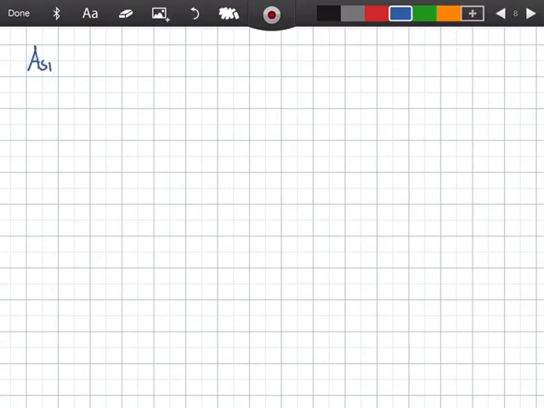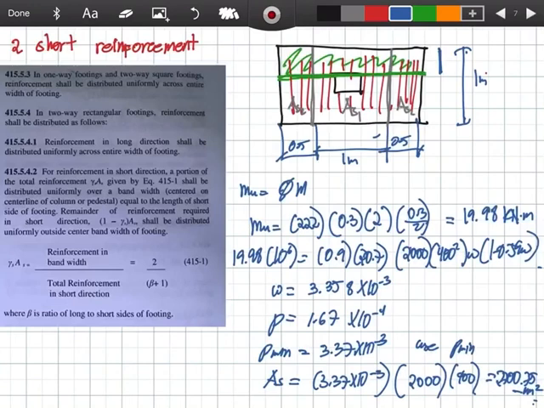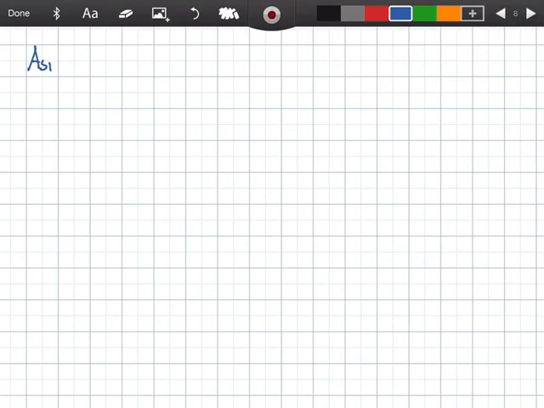So, yung sabi sa NSCP class, ang formula daw ay reinforcement in bandwidth, that is AS1 over total reinforcement AS is equal to 2 over beta plus 1, where beta is the ratio of the longer side of the footing over the shorter side of the footing.